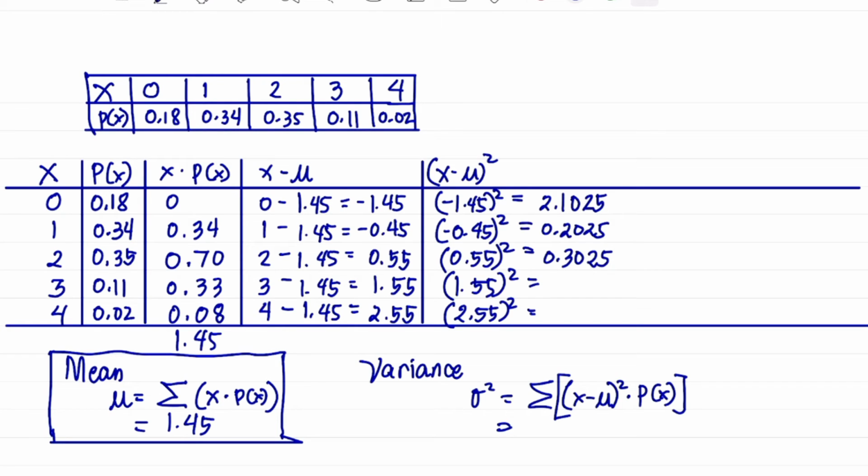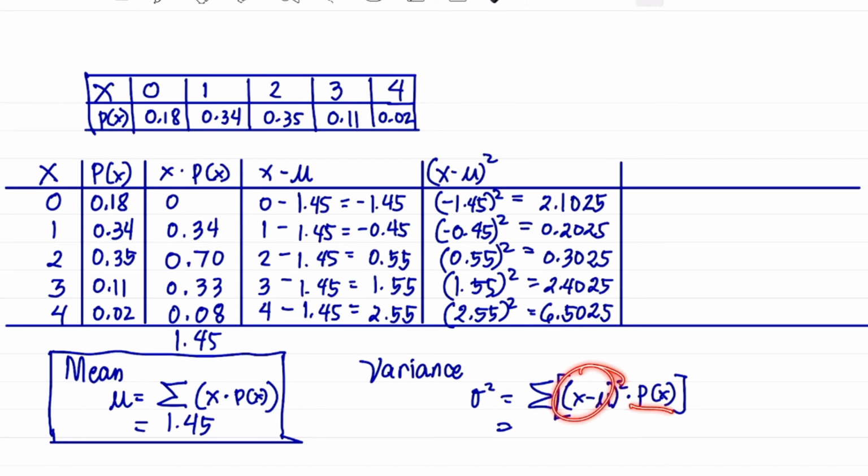Then 1.55 squared, that is 2.4025. And last, we have 2.55 squared, so 6.5025. So that's the square of the difference of x minus mu. So we are done now in this part.